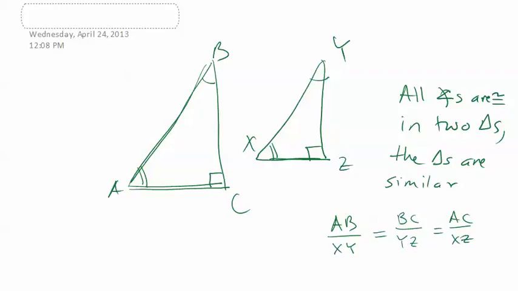Because all of these are similar, if we have two triangles with a common acute angle measure, then because angle B and angle Y are congruent, angle A and angle X are congruent, which means that similar triangles have proportional sides. That's how we can form these ratios and know that any right triangle with at least one acute angle that is congruent to another one, these same ratios will work. We'll talk more about that and get more in depth into right triangles.